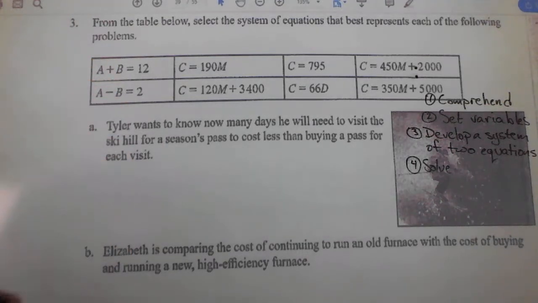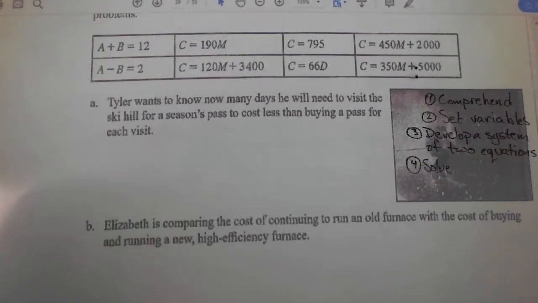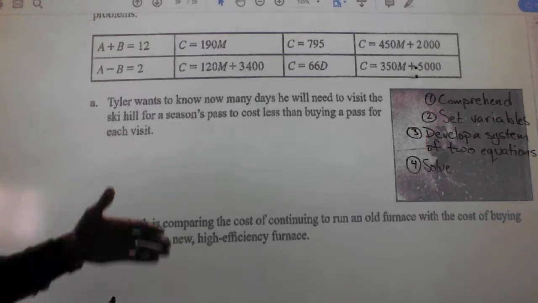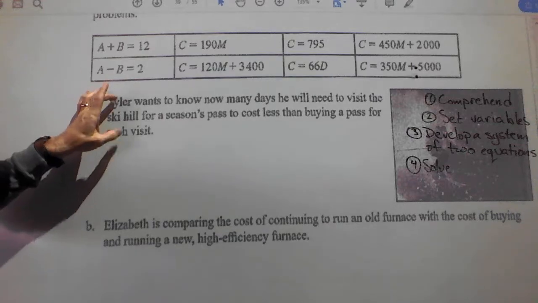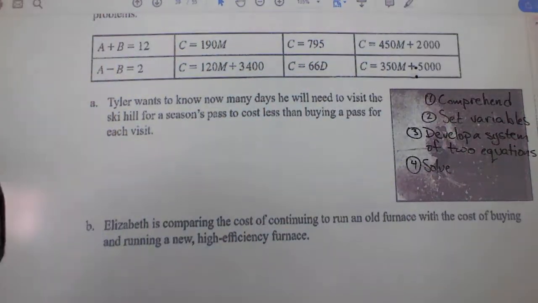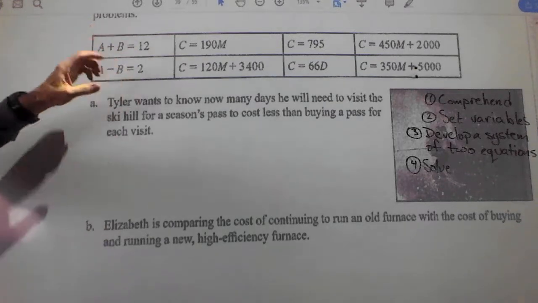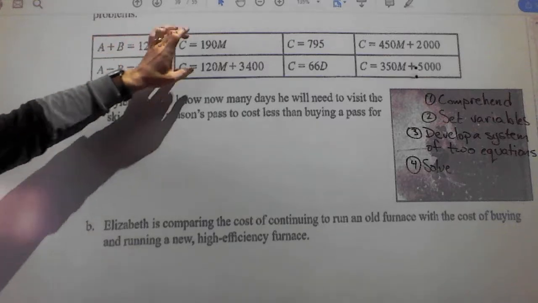So what you have here is, and you can't see it because I don't have enough room on my screen, but you have 4 different scenarios, and for each scenario you're asked to match it to the appropriate system of equations. Okay? So these are vertical, so these 2 equations describe one of these scenarios, these 2 another one, and so on.